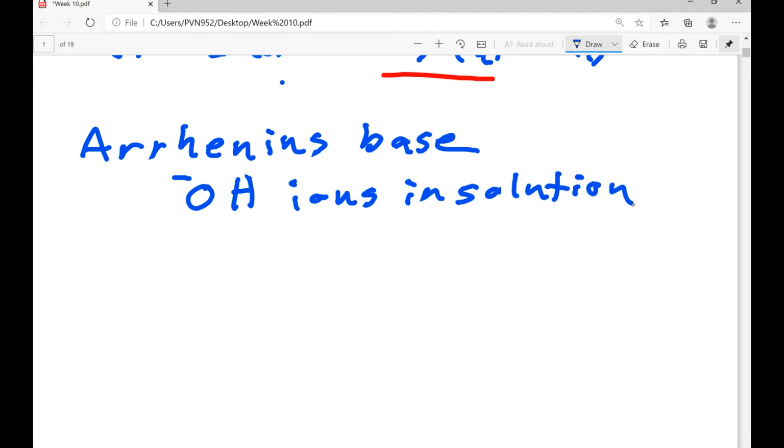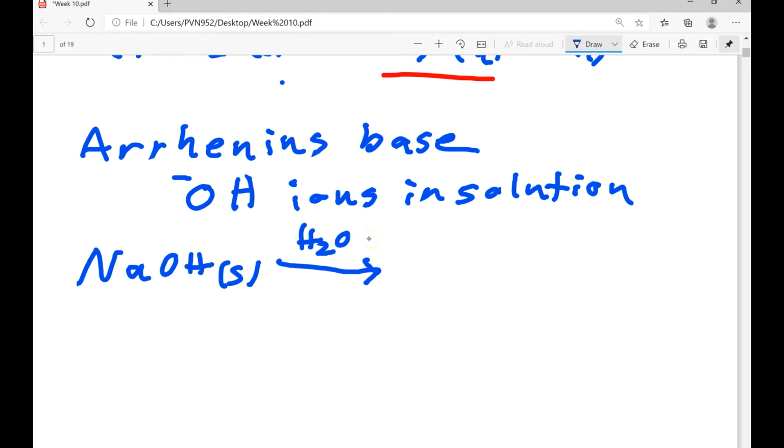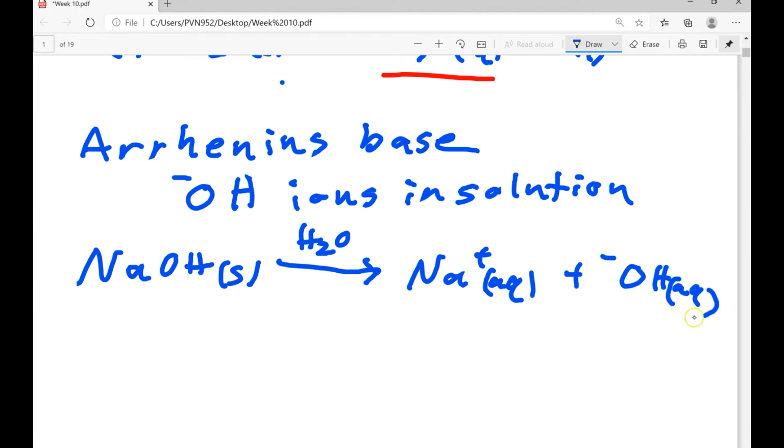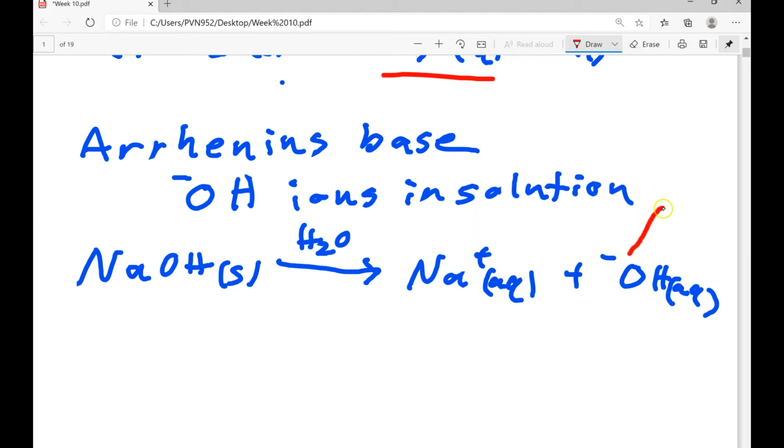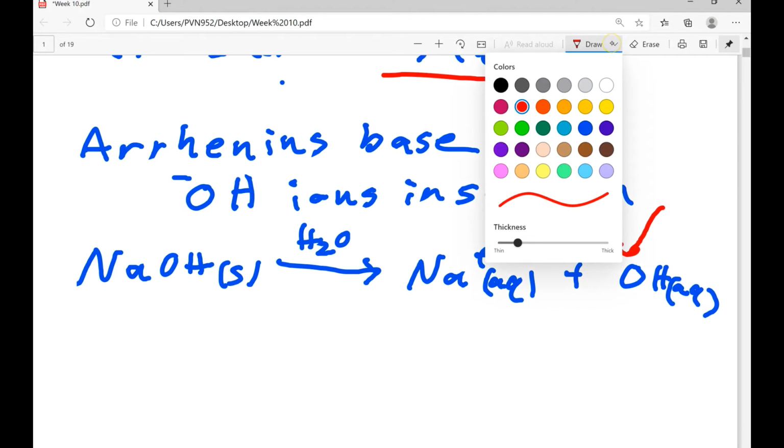So one simple example is if you have, for instance, sodium hydroxide and you put that in water, what you're going to generate is sodium cations and aqueous hydroxide anions. I've seen it different ways, but I always like to put the negative charge by the oxygen because that reminds me that the oxygen is what has the negative formal charge in this acid-base reaction.